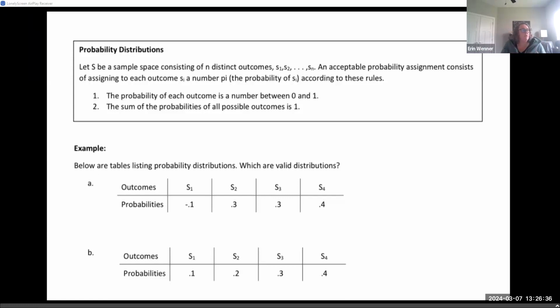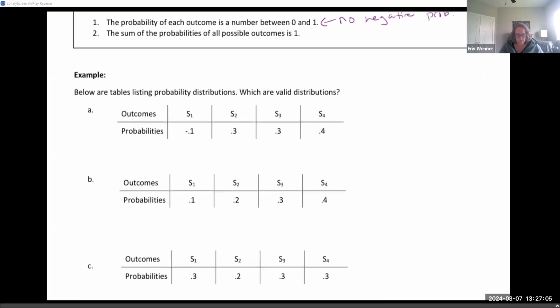An acceptable probability assignment consists of assigning each outcome, Si, a number Pi, which is just the probability, according to these rules. Each of the outcomes has to be a number between 0 and 1, so no negative probabilities. The sum of all possible outcomes is 1.